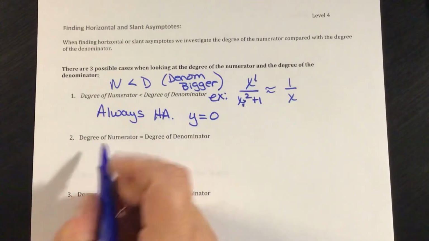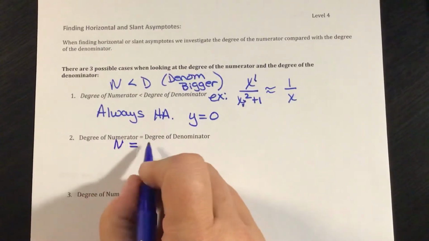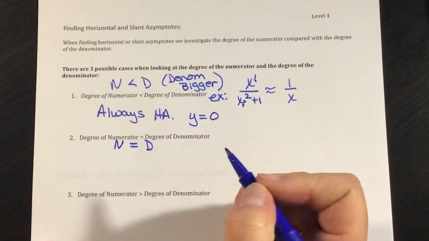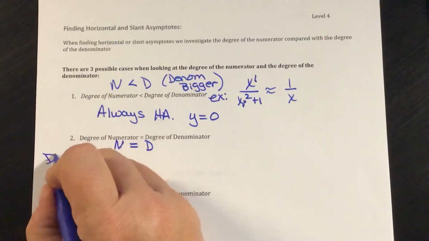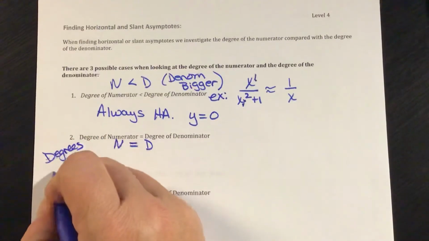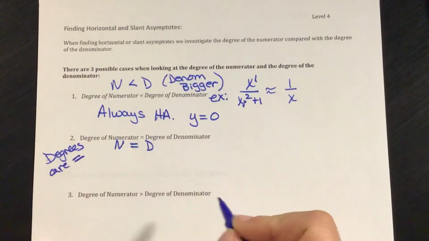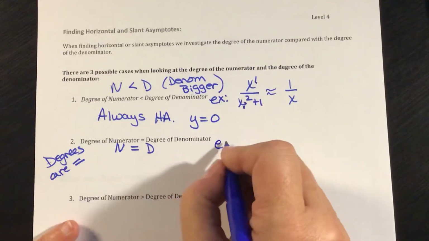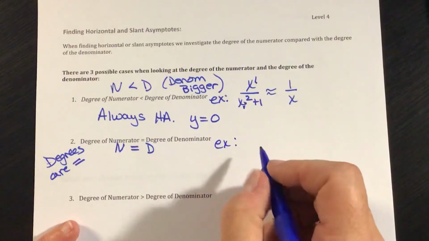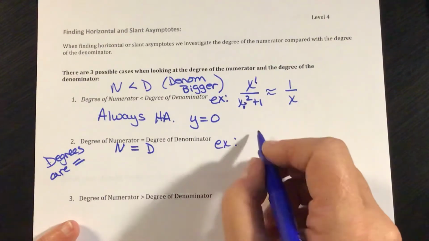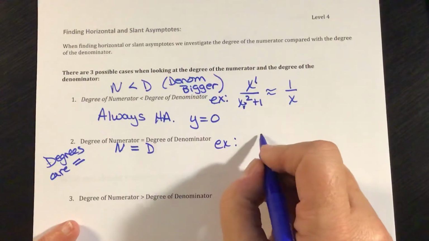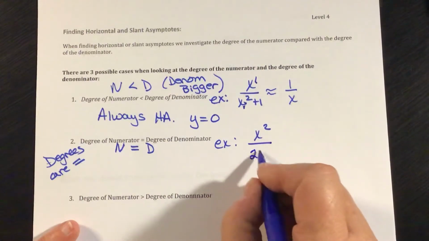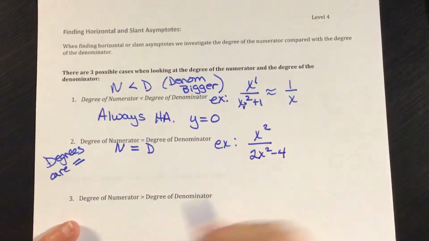If the degree of the numerator is the same as the degree of the denominator, in this case my degrees are equal, what happens is I'm going to look at the coefficients of those terms. So if I have an example, x squared over 2x squared minus 4.